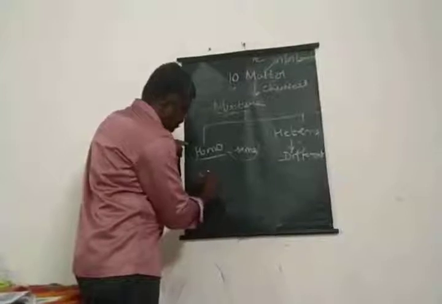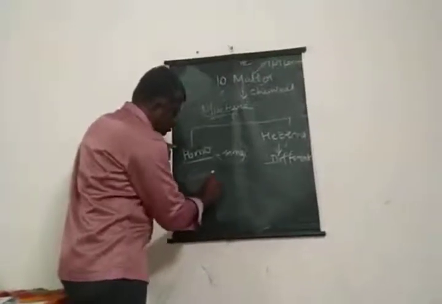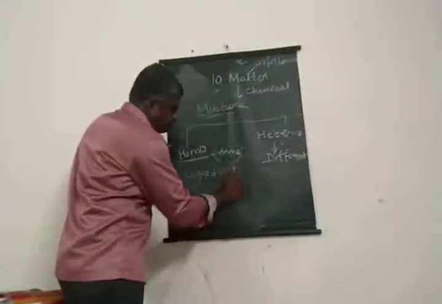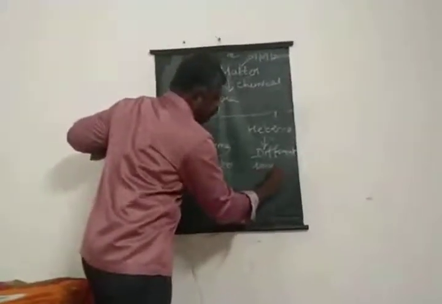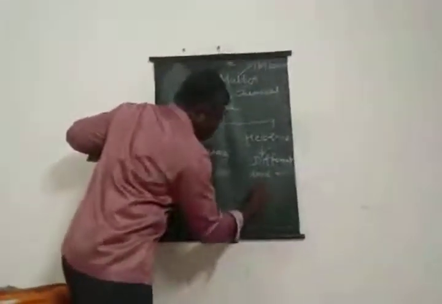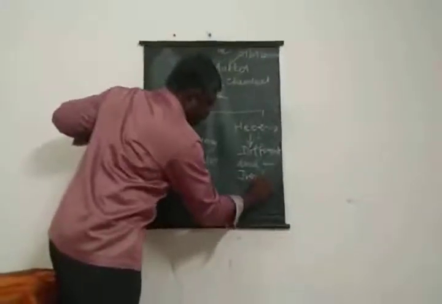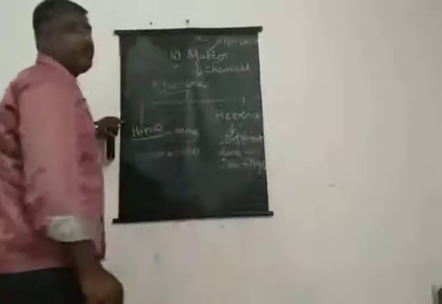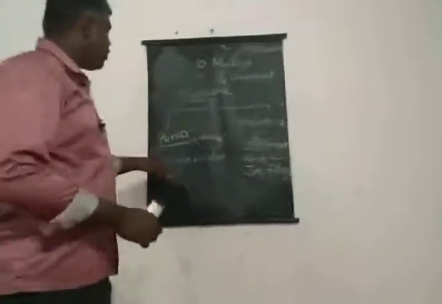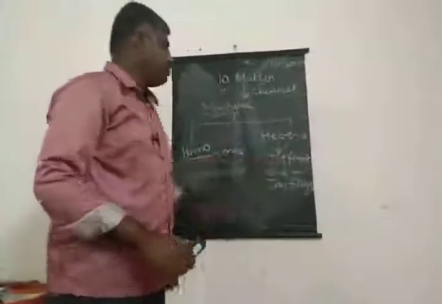For example, sugar plus water, and sand plus iron filings. These are examples of homogeneous mixture and heterogeneous mixture.